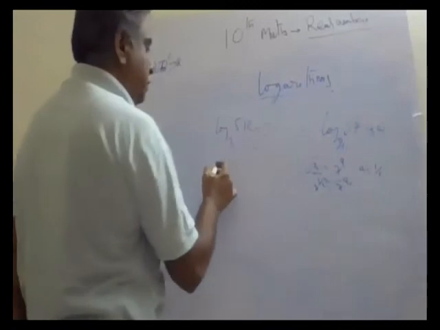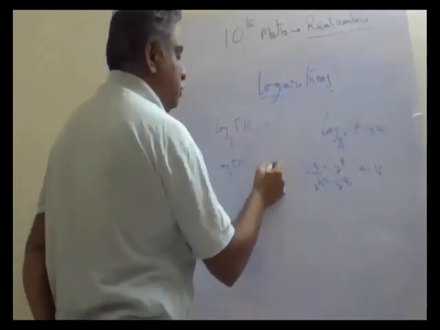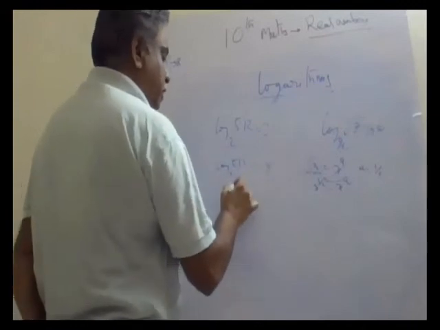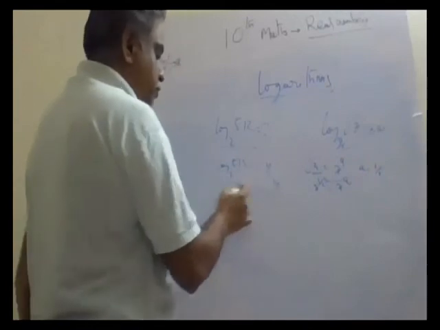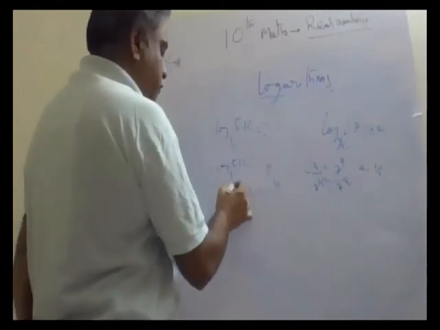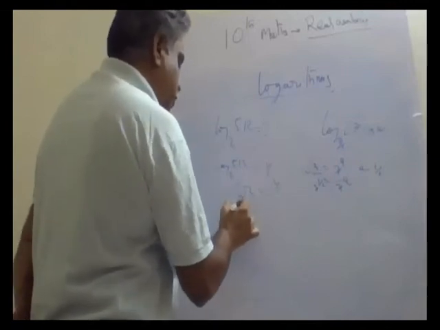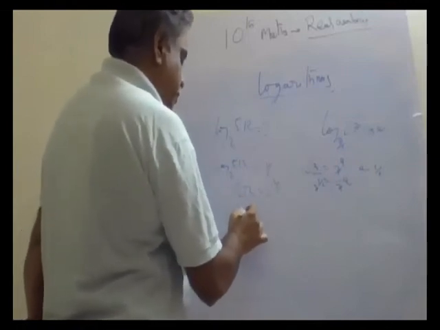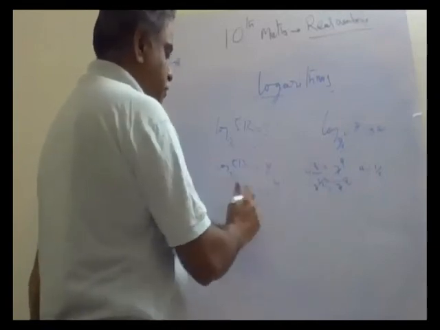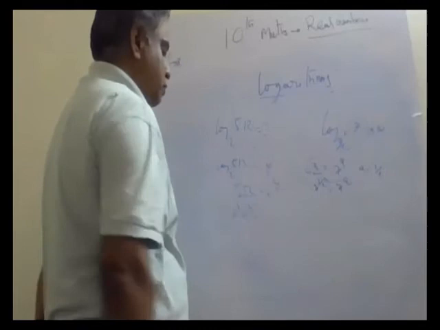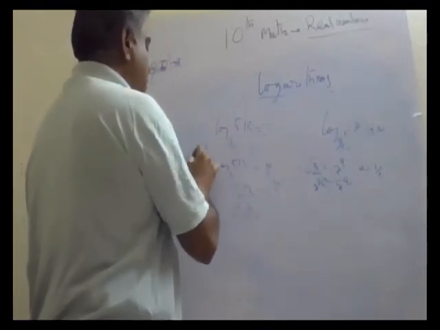Now this one. Log of 512 to base 2, let it be equal to y. 2 to the power of 4 is 16, into 2 to the power of 4 is another 16. 16 times 16 is 256, into 2 is 512.